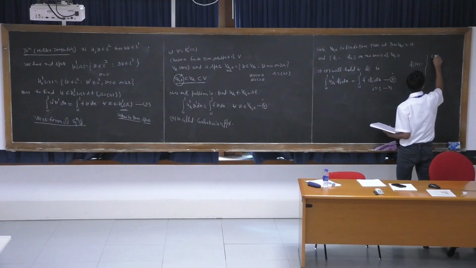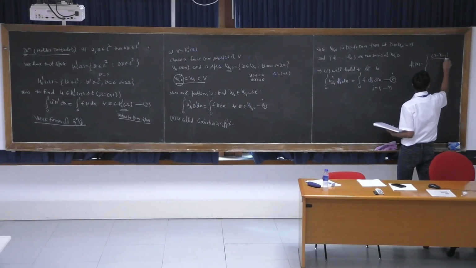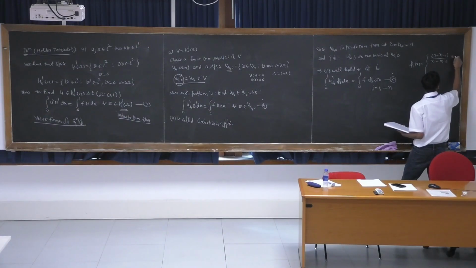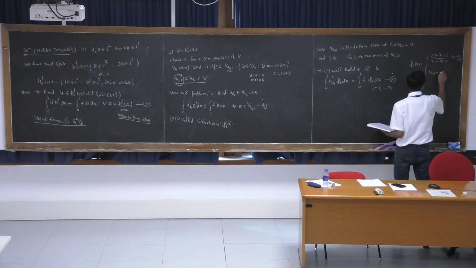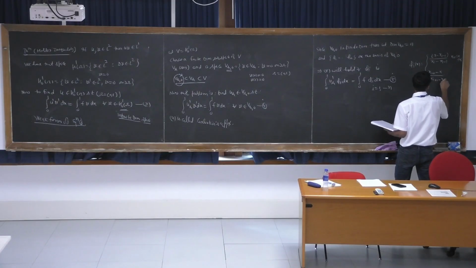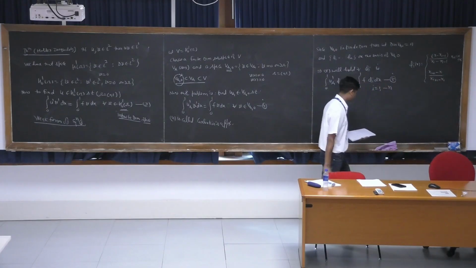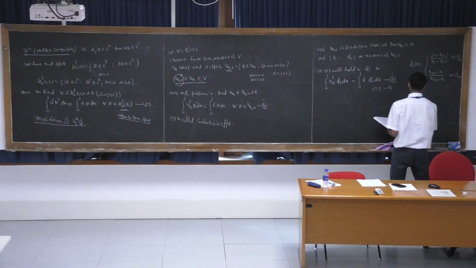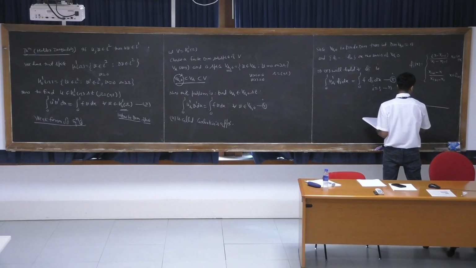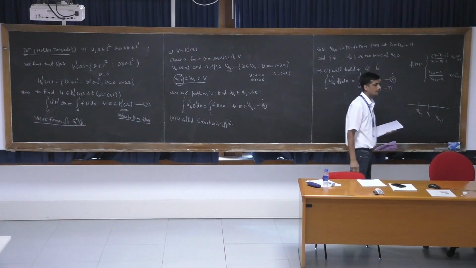Phi i's are defined by x minus x(i-1) divided by x(i) minus x(i-1) over the interval, and x(i+1) minus x divided by x(i+1) minus x(i). So what are these functions? This is x(i-1), this is x(i), and this is x(i+1).